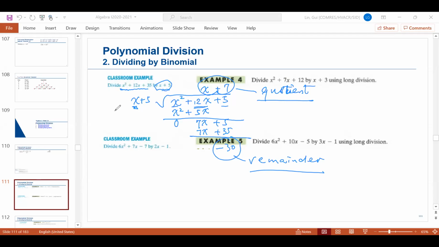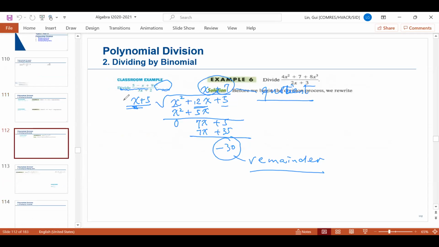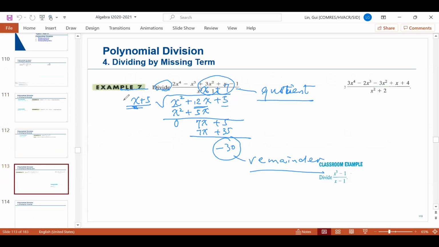So the same, we can extend this to the trinomial. However many terms are in the polynomial and however many in the denominator, we can extend it to any number of terms, right? Do the same procedure. So when we go to more terms, how do we do them?